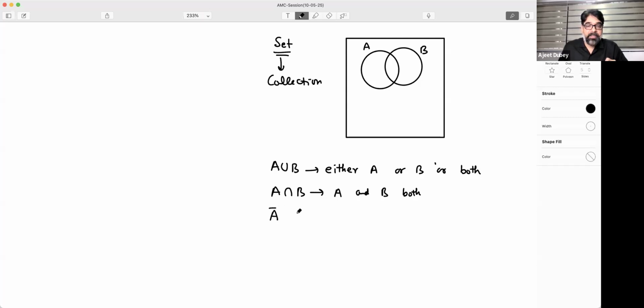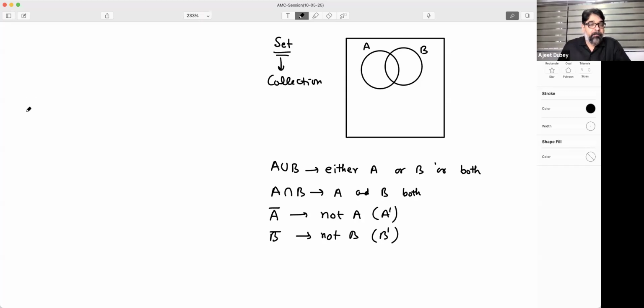Anywhere this symbol comes, it means not A. If this symbol comes, it means not B. Sometimes some books also write it this way. It has the same meaning. There is no difference.